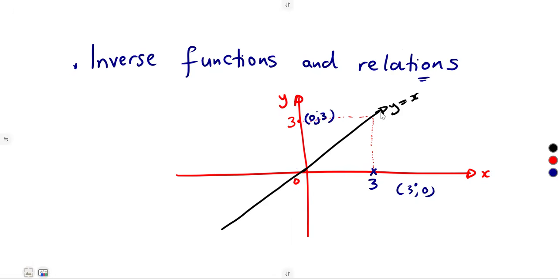So a reflection in the line y = x reverses the points: what was 3 in x is now 3 in y, and what was 0 in y is now 0 in x.